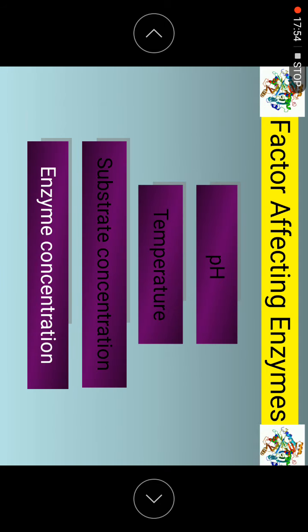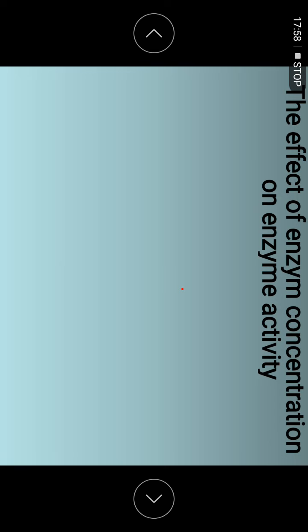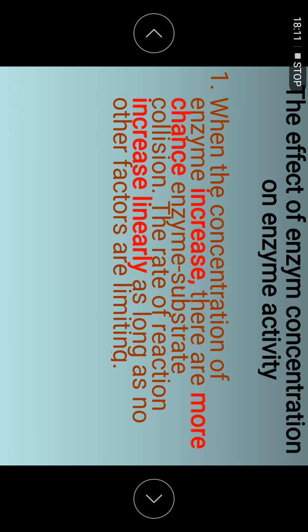So the last one is enzyme concentration. The same explanation here. If the 3 other factors we make constant, and this is enzyme concentration, I have substrate concentration constant. Same explanation actually.